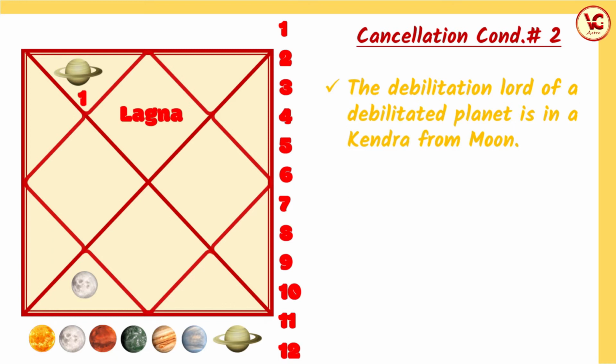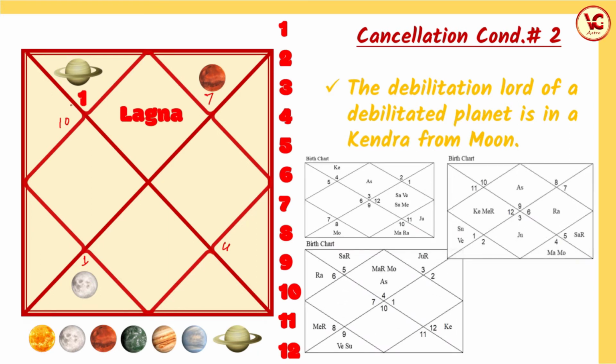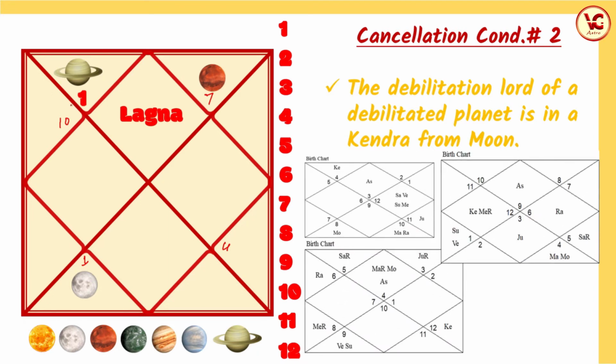So Moon is here. This is the first house from Moon, this is the 4th house, this is the 7th house and this is the 10th house. If Mars is placed in any of these houses, cancellation will happen. In the given example, it is placed in the 7th house from the Moon. And these are the example charts for your exercise.